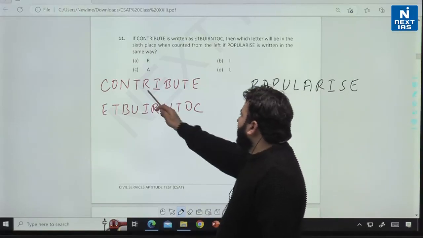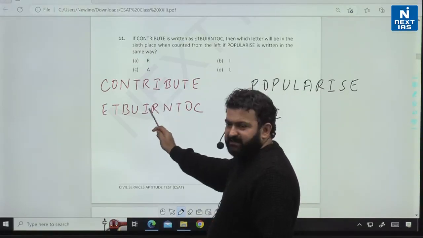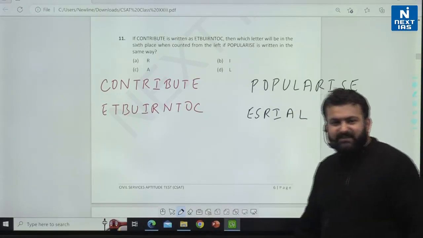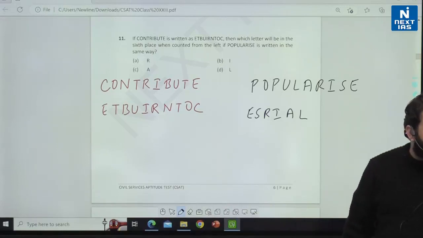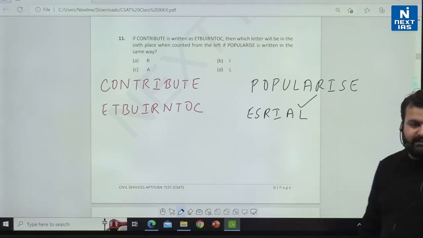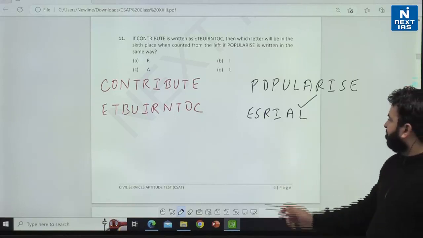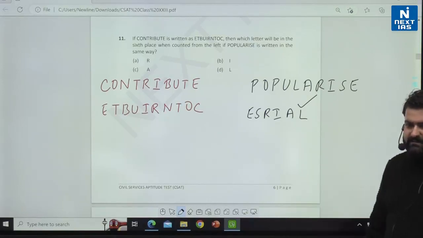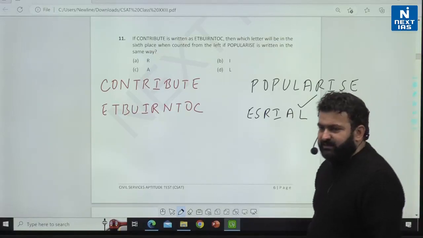And then RI is written as IR. Here LA will be written as AL. Now as soon as you have written AL, do you know the sixth letter from the left? What is the sixth letter from the left? Clear? So no confusion now? ESRI. Clear to all of you now? No confusion?